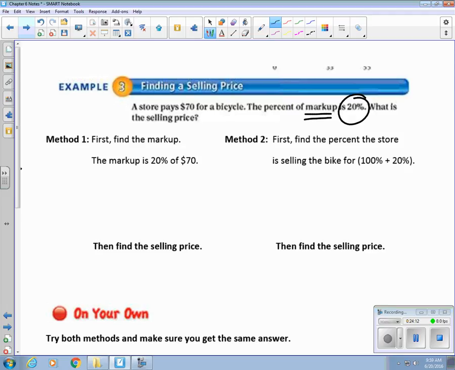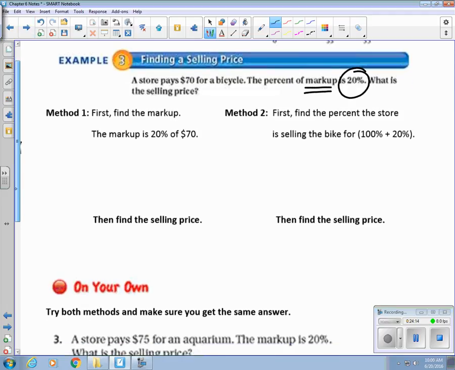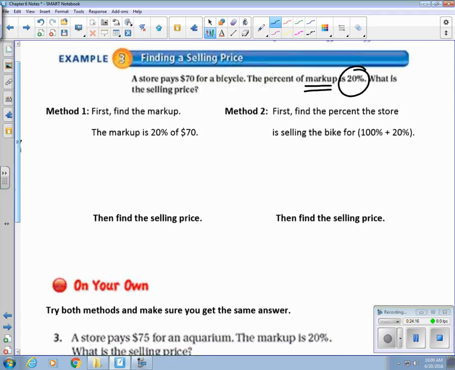So again, we're going to use two methods to figure this out, just like we did for finding a sale price. In the first method, we find how much money we are going to increase the price by, and then add it to the price that the store paid for it. When we first find the markup, we're talking about dollars.